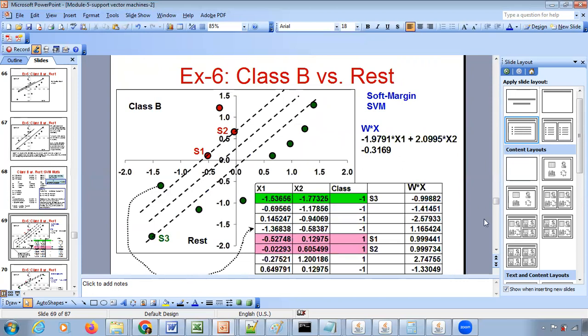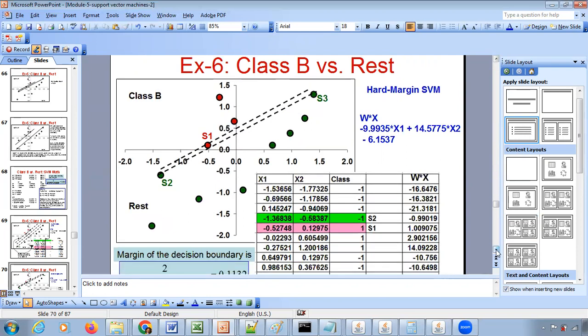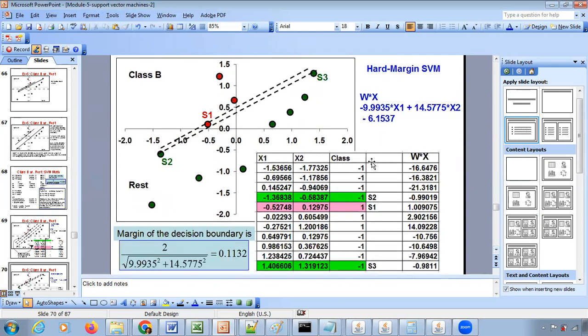Now, by accuracy, what I mean is we shouldn't be focusing on the training data points, because the data points with this hard margin support vector machine are much away from the decision boundaries other than these two cases.